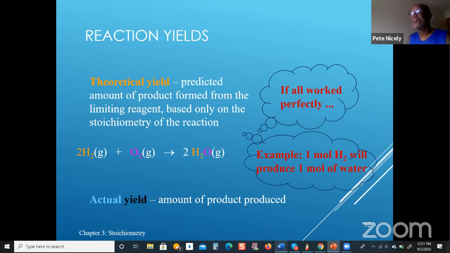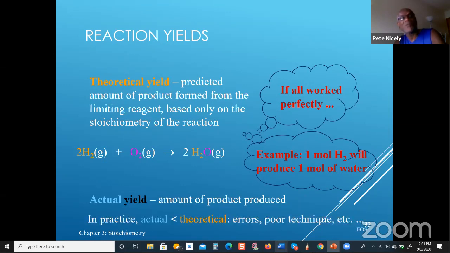So the measure of how successful the experiment is can be expressed as what is known as the percent yield, where you take the ratio of the actual yield to the theoretical yield times 100%, and that would be the percent yield.